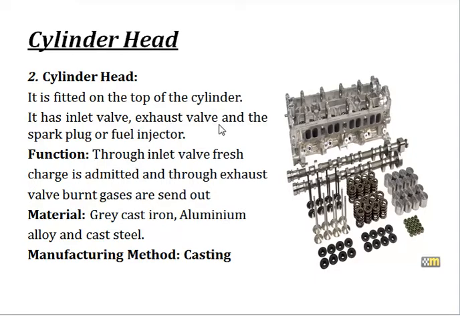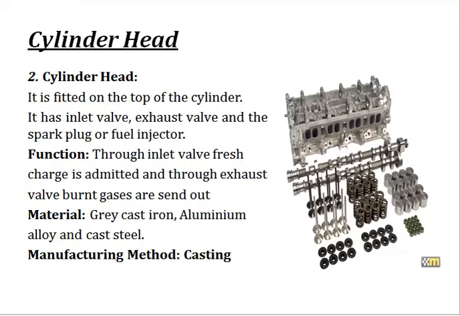It is called the cylinder head because it is mounted on the cylinder block, and it holds the inlet valve, exhaust valve, spark plug or fuel injector, and the camshaft.